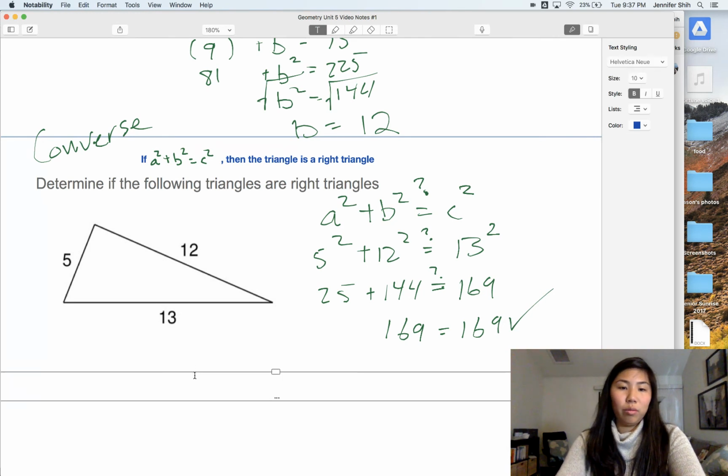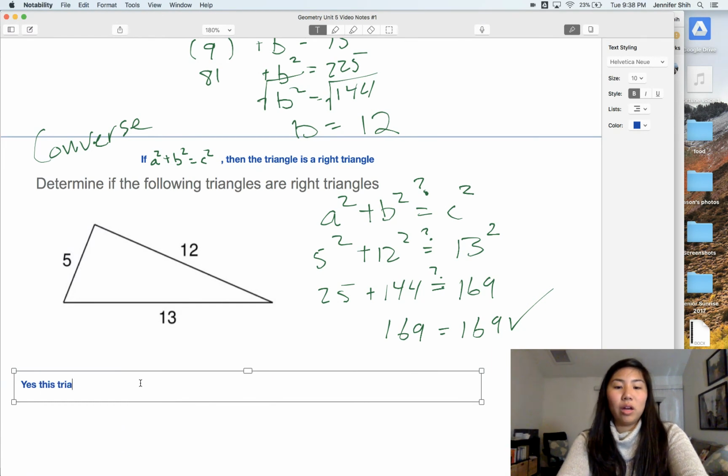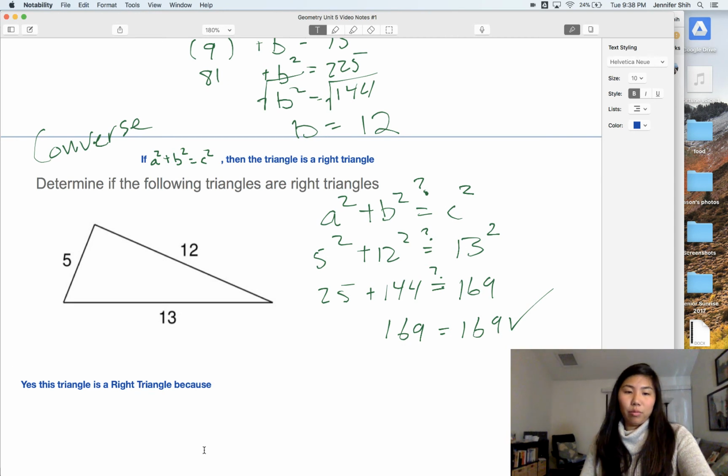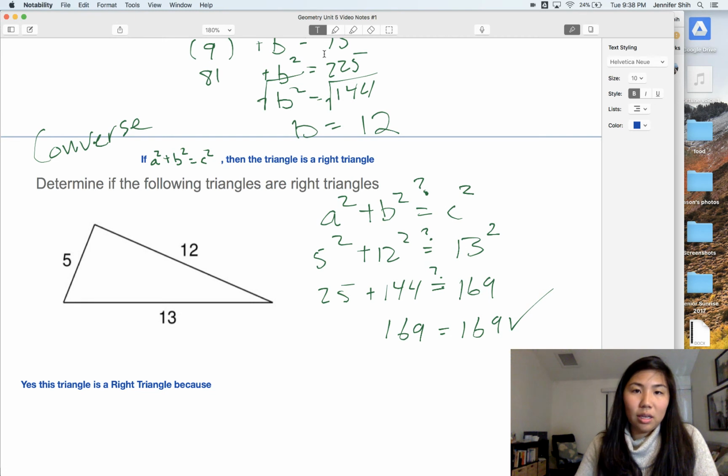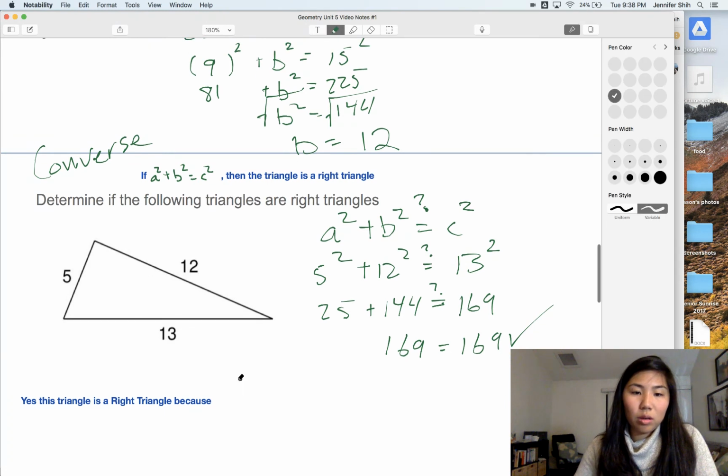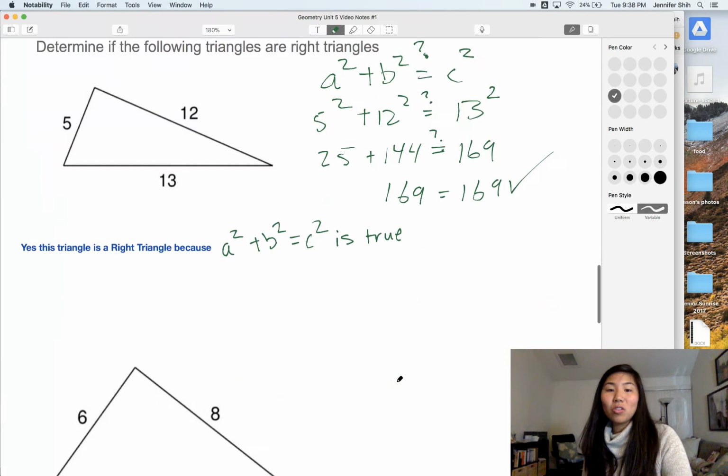Whoa, why is this all the way over there? So you can say yes, this triangle is a right triangle because a squared plus b squared equals c squared is true. Yay. Great. Let's do it once more, and then we can summarize our notes for the day.